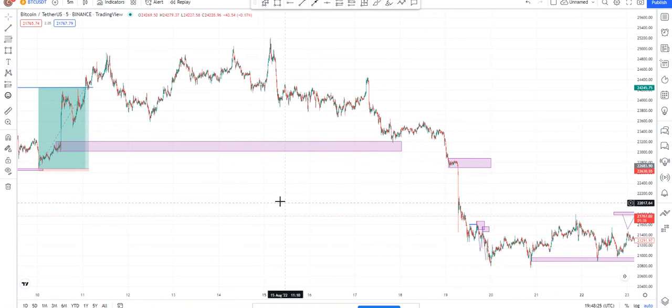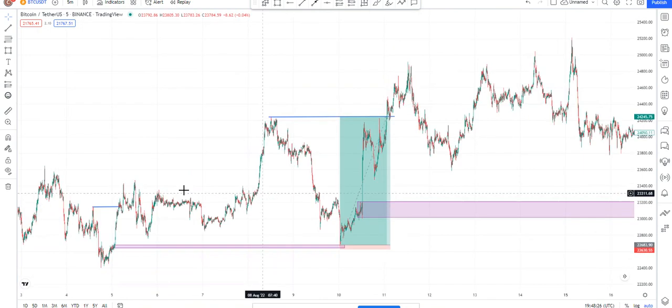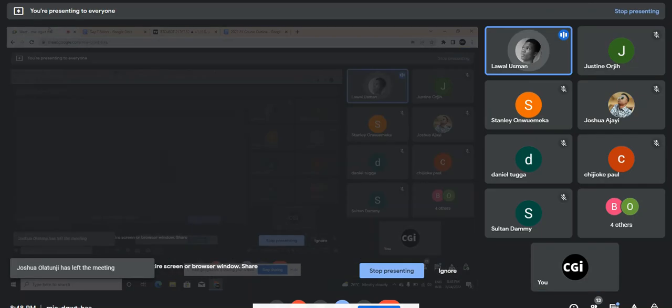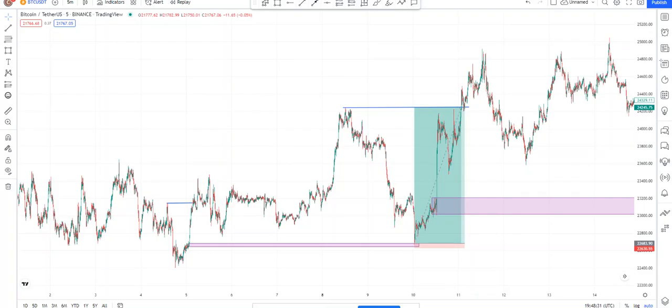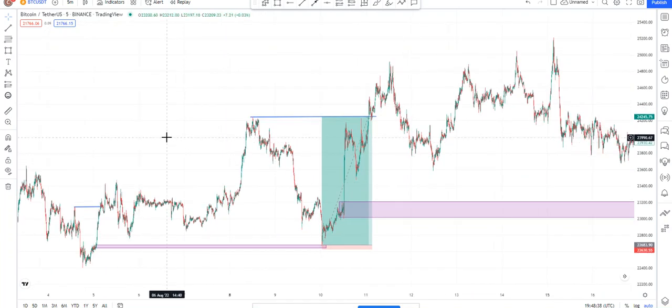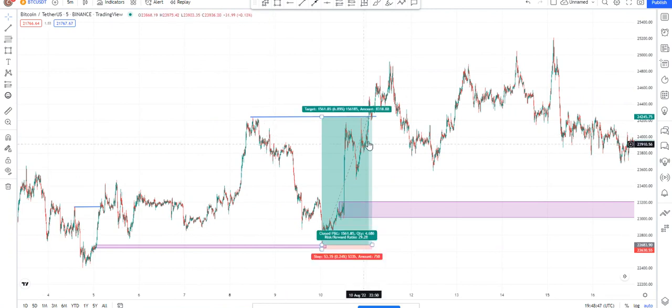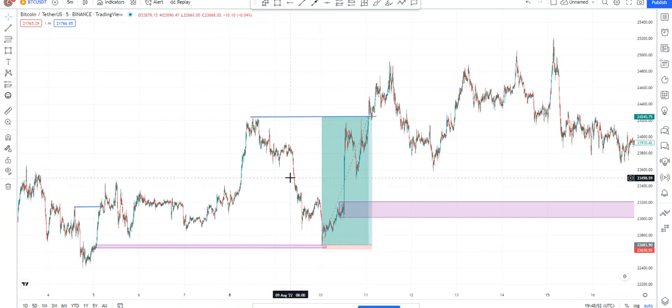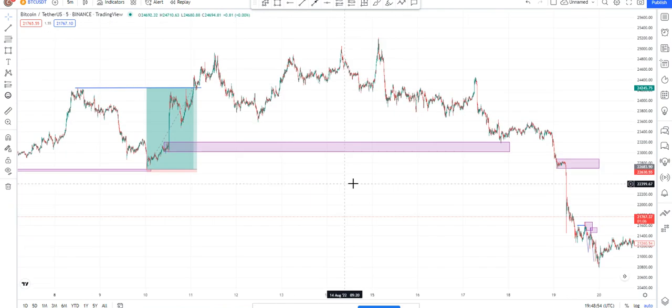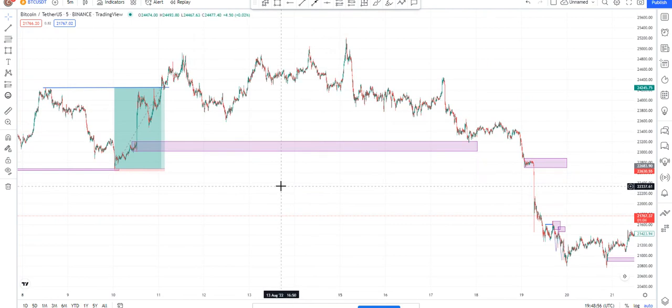I want to ask a question. How do you know that this very sponsor candle that failed, the second one that you highlighted, is against the market?